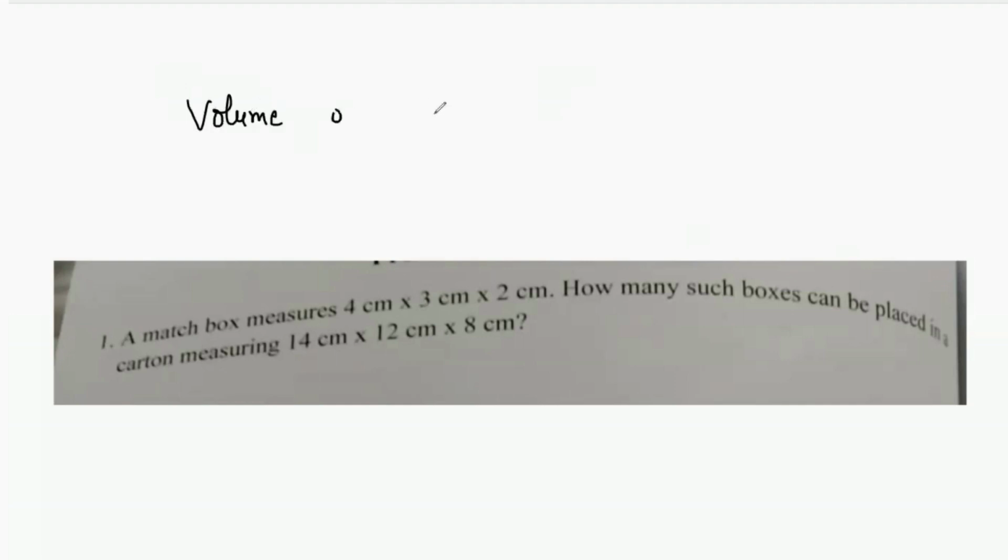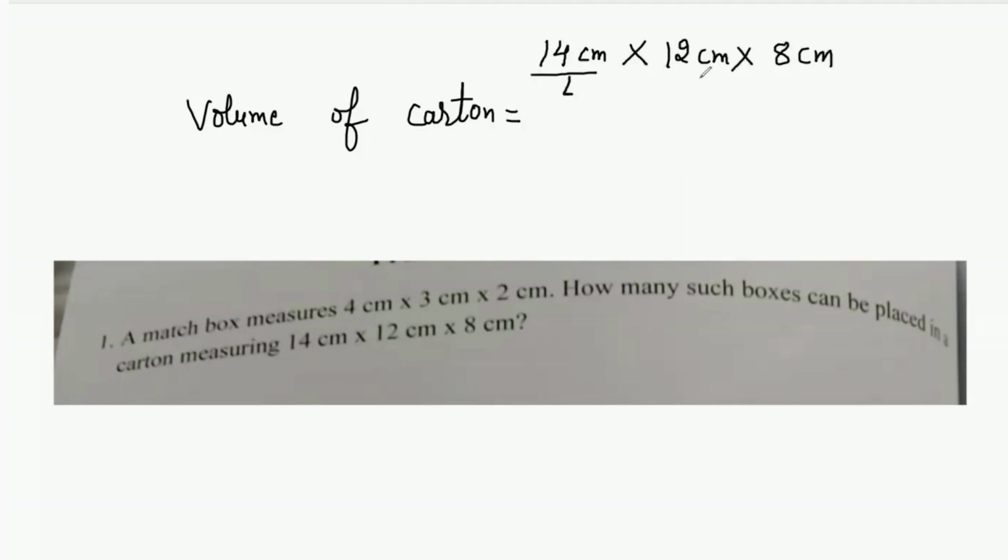Volume of carton is equal to, whenever the dimensions are given in this form, 14 centimeter multiplied by 12 centimeter multiplied by 8 centimeter, that means it is already given length, width and height.